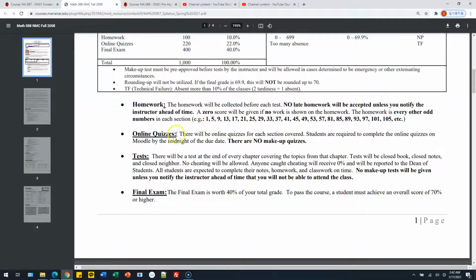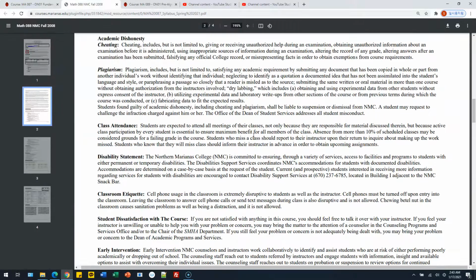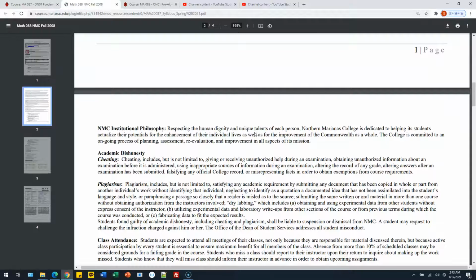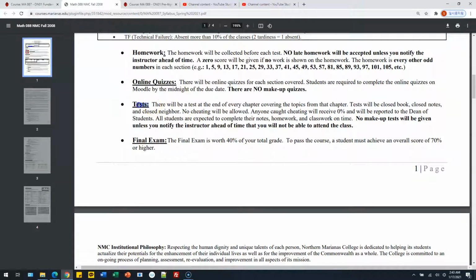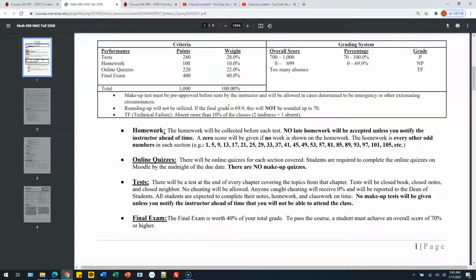There is an online quiz on Moodle. I will explain this one later. You have to complete this online quiz for each section. For the test, this course does not require a calculator, so you cannot use a calculator, because you have to practice addition, subtraction, multiplication, and division.